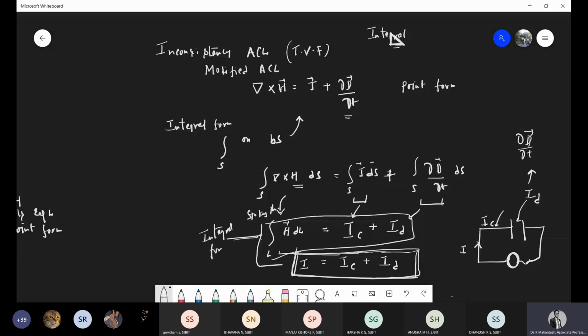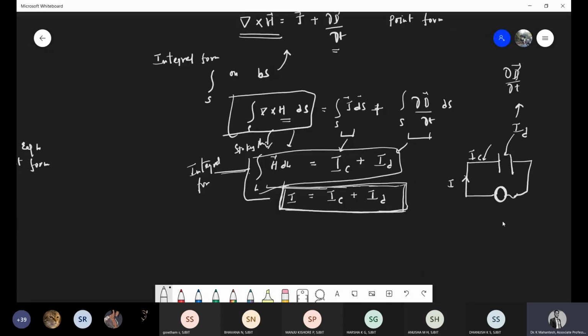In order to obtain the integral form, what I did is I took the surface integral on both the sides of this equation and converted the surface integral to a line integral to obtain the line integral of H dl. So I_C is the conduction current, which is equal to surface integral of J dS, and displacement current is equal to surface integral of dou D by dou t into dS.